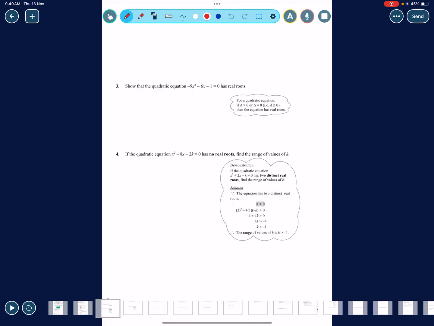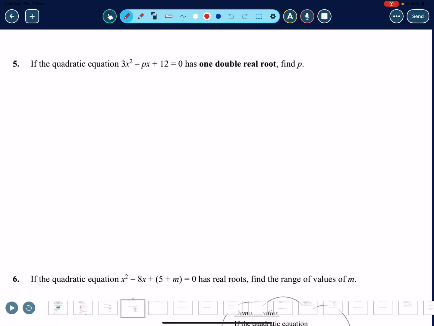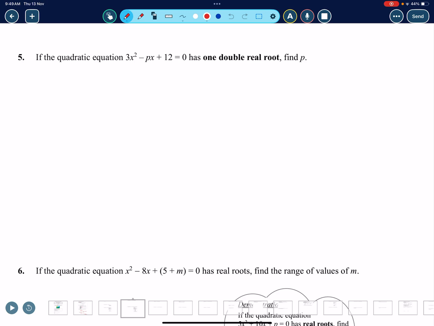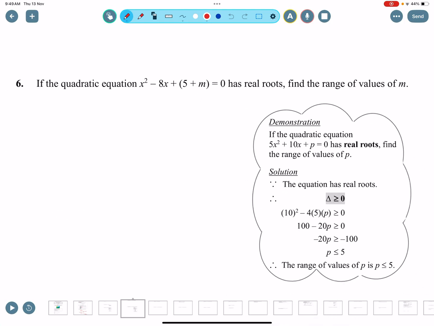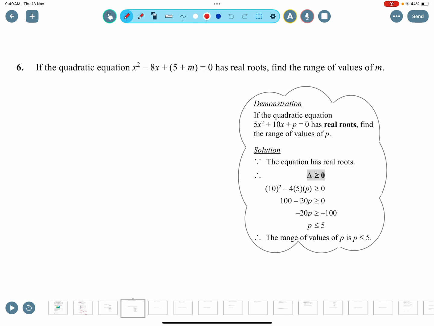Okay. Now moving on to another type of question. For example, question 6 over here. Now, if a quadratic equation has real roots, so this one is a special word. When they don't mention how many there are, like real roots only, it can be either 1 or 2. And you will see the word range. So range probably will refer to the inequality sign that you're going to use, greater than or smaller than, sometimes with the equal sign, right?